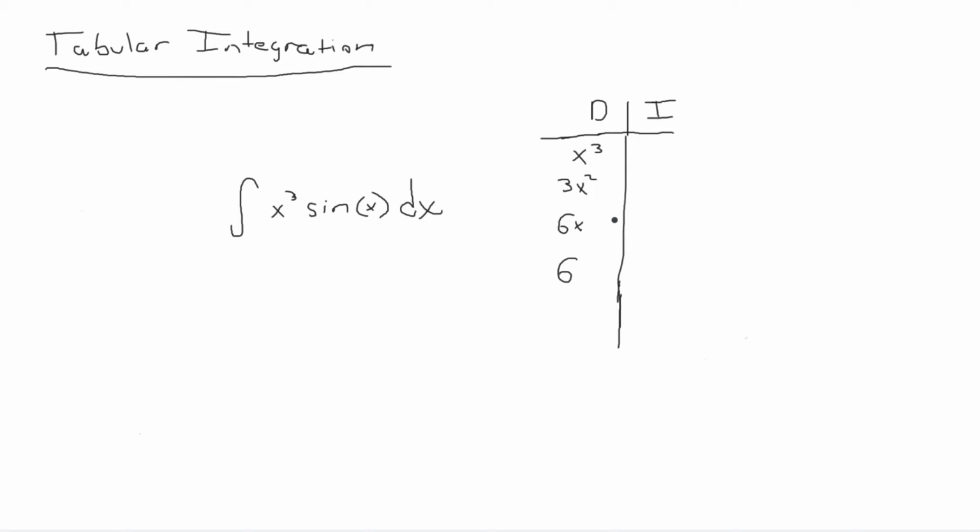So now we have the integral section. So we have sine x. Now what is the integral of sine x dx? Well, we know that the derivative of cosine x equals negative sine x. And that's really just something you have to memorize.